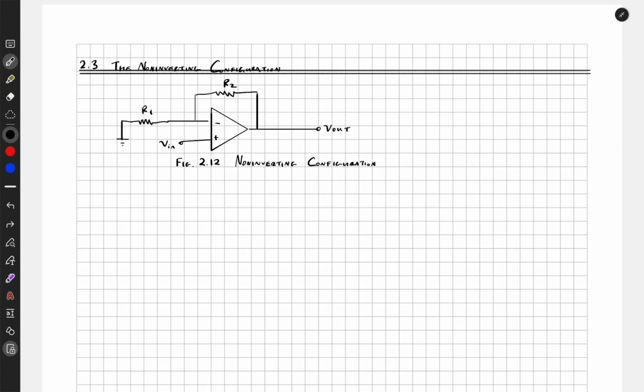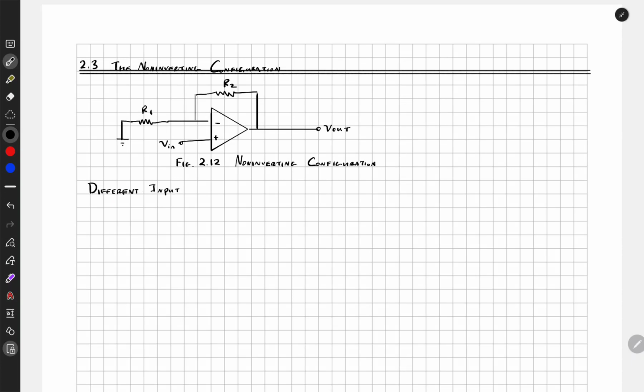However, the basic principles of this op-amp, just like before, they all still hold. So let's review some things that apply from before. The first is the discussion on the differential input signal.